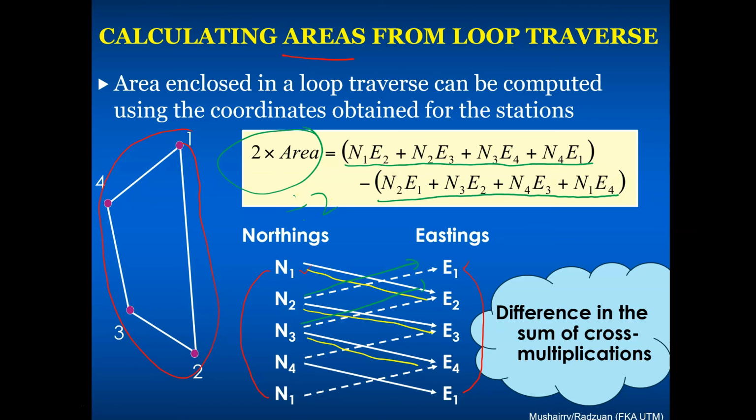It doesn't matter how many points, how many sides or how many stations you have in your traverse, you can easily apply this method, what we call the cross multiplication method, to obtain the area. There are other methods that you could use to calculate the area by using the latitude and departure. I'm not going to discuss it here because I think this is a bit simpler compared to the latitude and departure method.